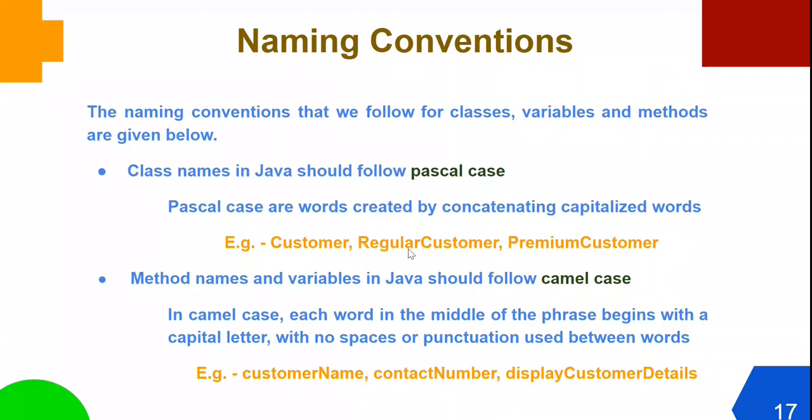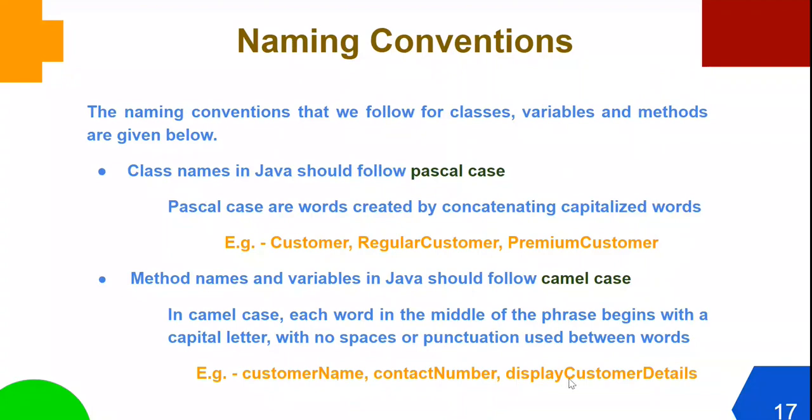If we see the second example, it's RegularCustomer. So we are starting each word with a capital letter: capital R for Regular, followed by capital C for Customer. This type of naming convention is called Pascal case. And for methods, we follow camel case, where the starting letter of the first word should be small, and the following words should start with a capital.